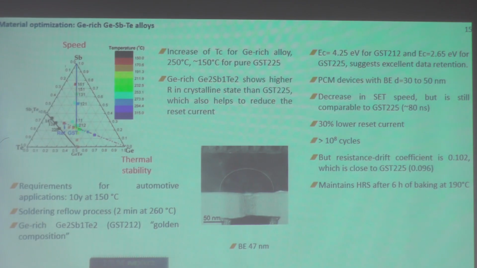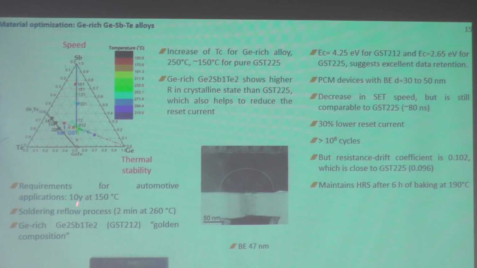And so there was research in this direction to improve the thermal stability of the GST. So you see here, if you make a soldering process during device production, you apply a temperature for 2 minutes at 260 degrees C.